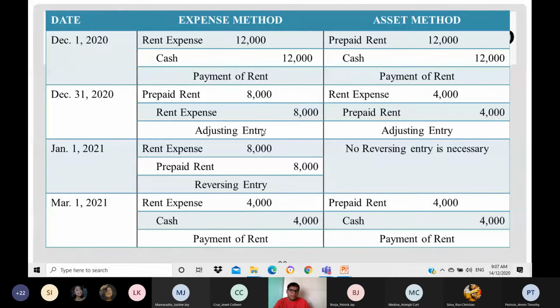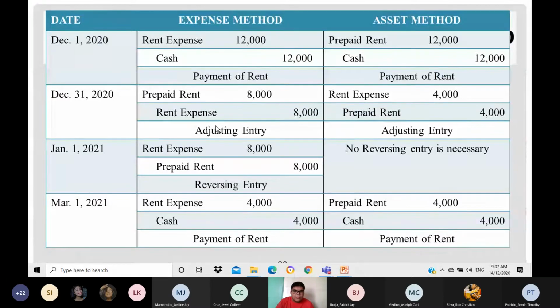When January 1 comes, that's where you have the reversing entry. You just flipped it: rent expense worth 8,000, then prepaid rent, 8,000. That's why it's called the reversing entry. The February payment isn't shown anymore.